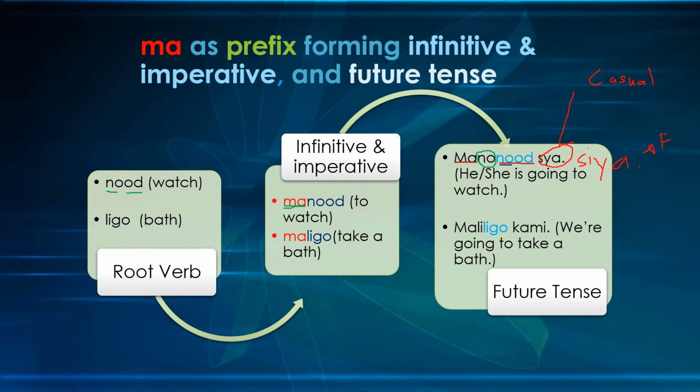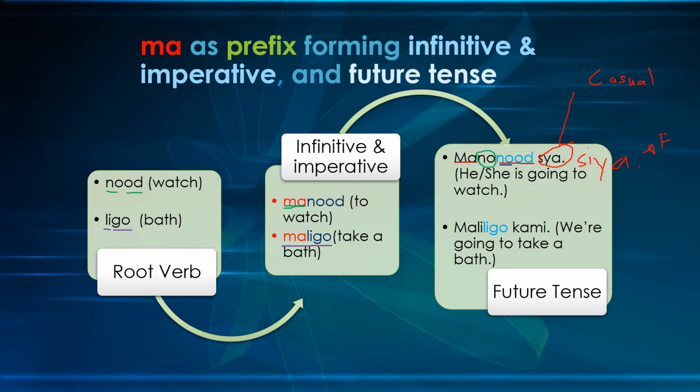When we say manonood, it means is going to watch. Let's have another example here. The verb is bath. In Filipino, it's ligo. If we add ma at the beginning, we have the new word maligo, which means to take a bath.